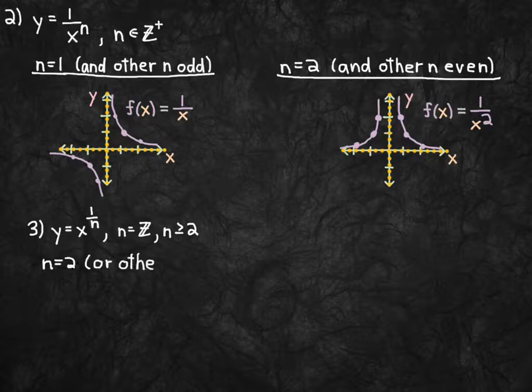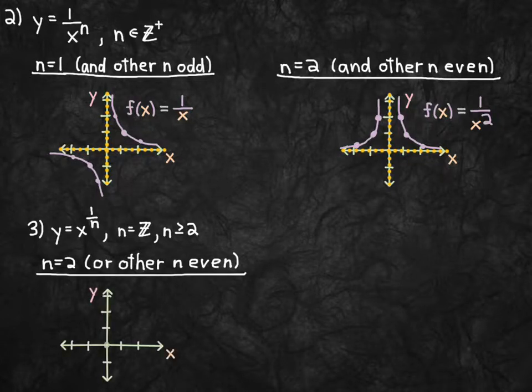So this is different. That was 1 over x, so the x is in the denominator. Here, you have an exponent with the n in the denominator of the exponent. So this is like a square root, a cube root, a fourth root, a fifth root, etc. So a square root looks like this.